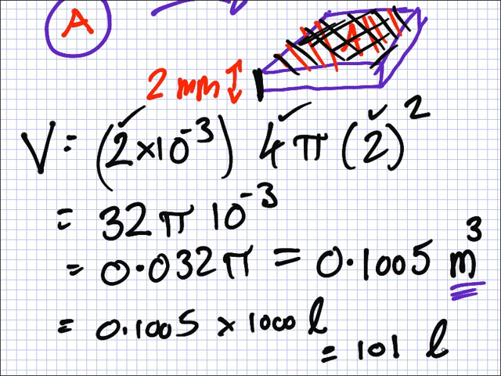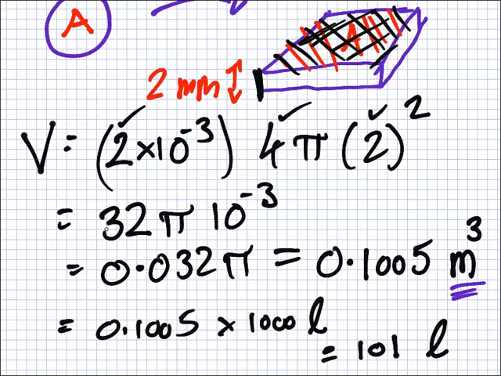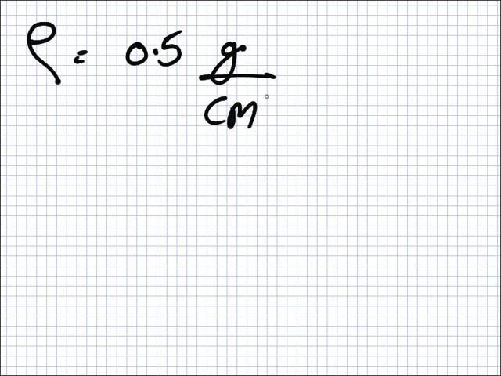Because the second part of my question was, and what is the mass? How can we work that out? Well, we'll get to that now. Before I continue, do you need to write this down? Okay. So, we said the density is 0.5 grams per centimeter cubed.